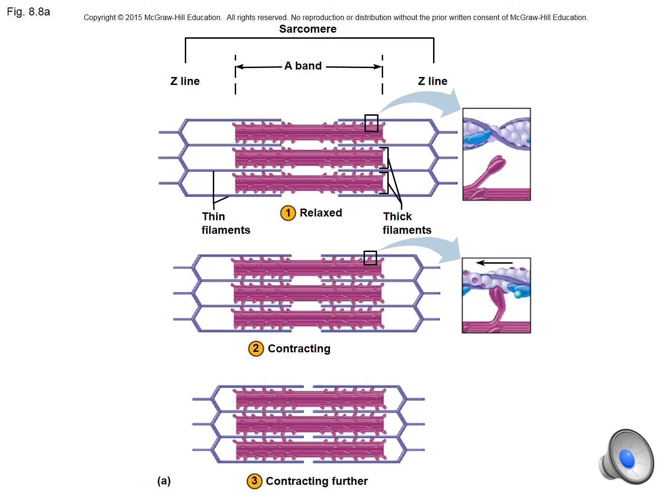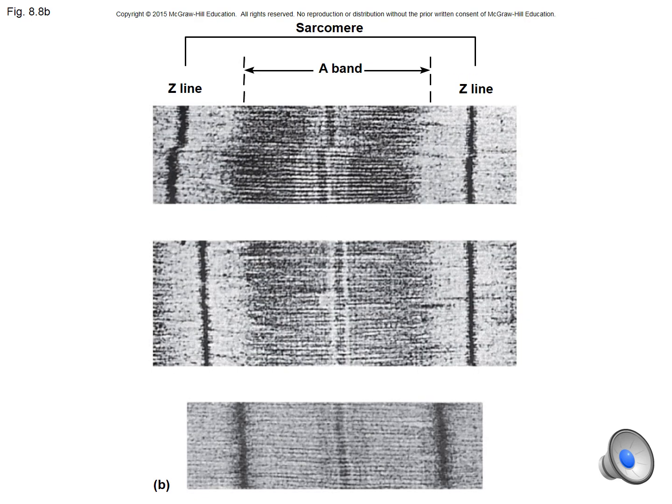So this is just to clarify that when we're talking about muscle contraction, the filaments themselves are not getting shorter, right? The filaments are staying the same length. What's happening is the myosin is pulling the actin in towards the center. So the length of the sarcomere is shortening with contraction, but the length of the filaments themselves is not changing. I just want to make sure you're clear on that.